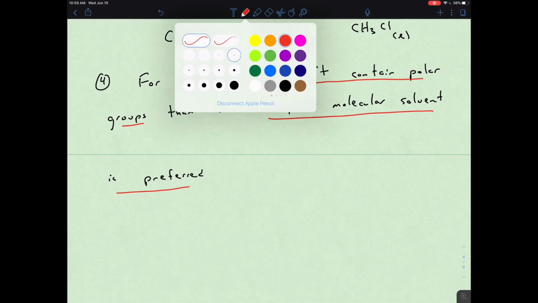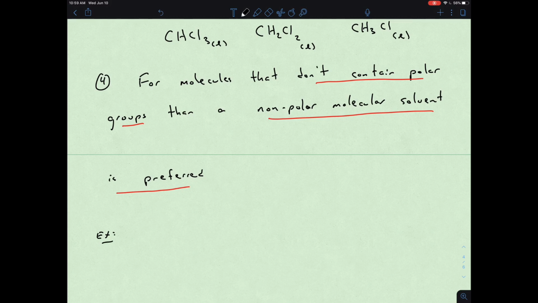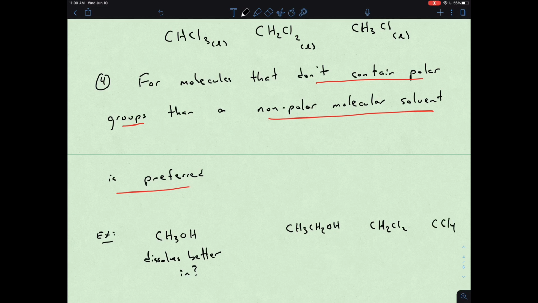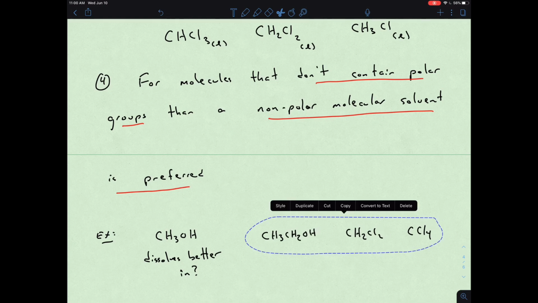As some examples of that, we could say, methanol dissolves better in, and we have a couple different choices: ethanol, dichloromethane, and let's say carbon tetrachloride, as examples, right?